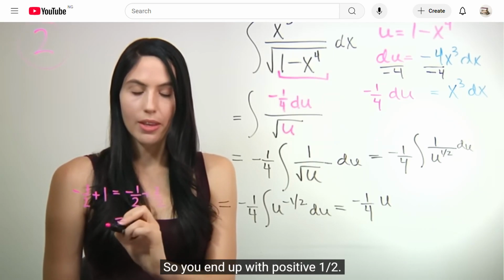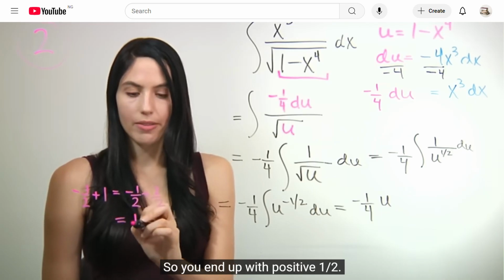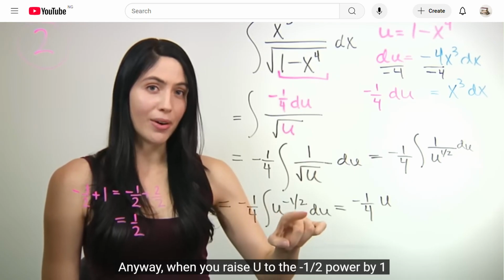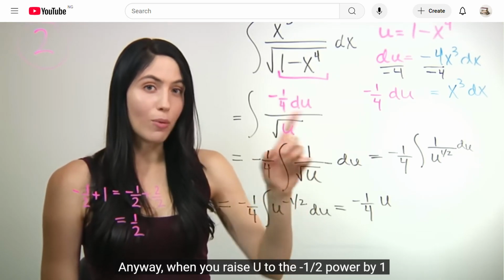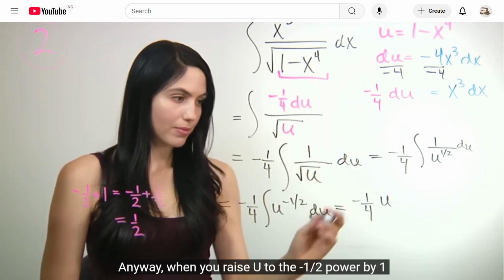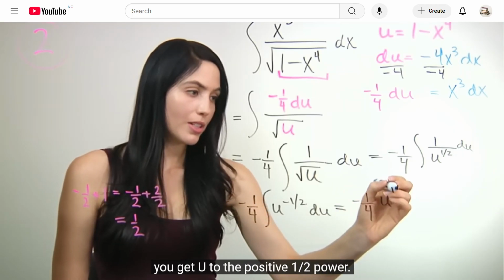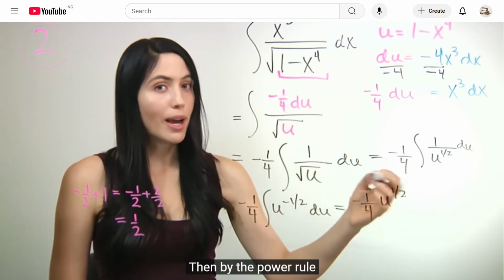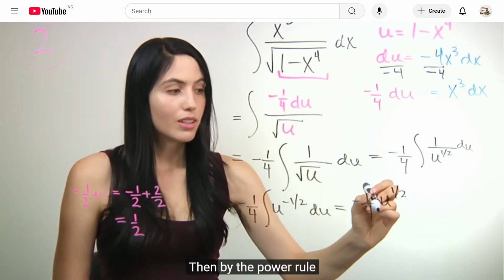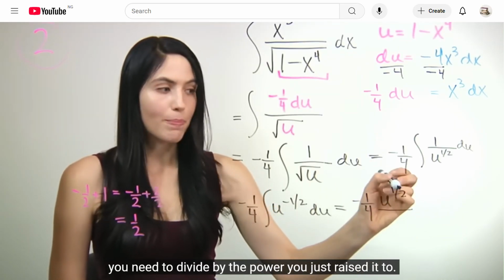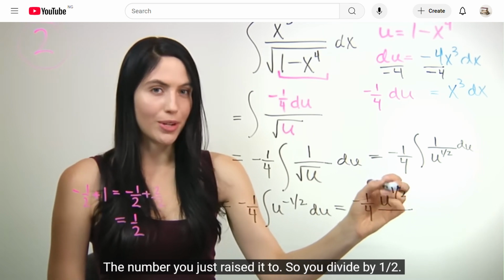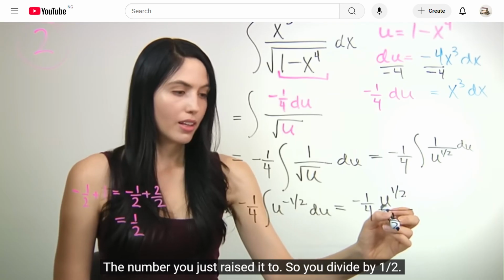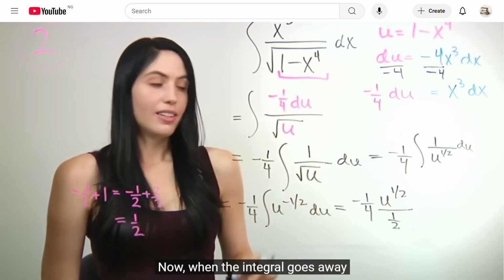So you end up with +1/2. When you raise u to the -1/2 power by 1, you get u to the +1/2 power. Then, by the power rule, you need to divide by the number you just raised it to. So you divide by 1/2.